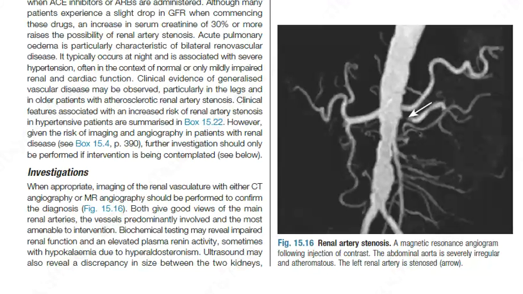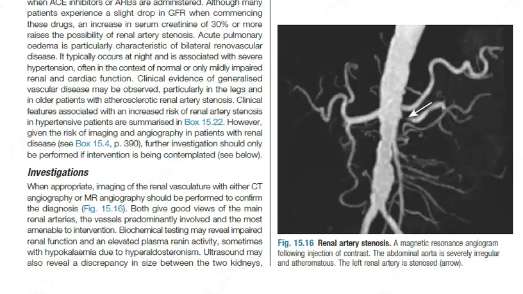Now, investigations. When appropriate, imaging of the renal vasculature with either CT angiography or MR angiography should be performed to confirm the diagnosis. Both give good views of the main renal arteries, the vessels predominantly involved and the most amenable to intervention.